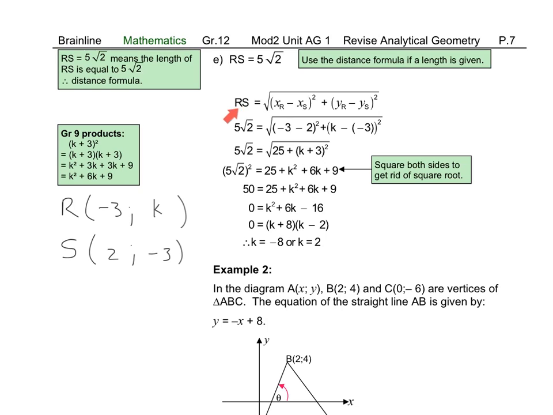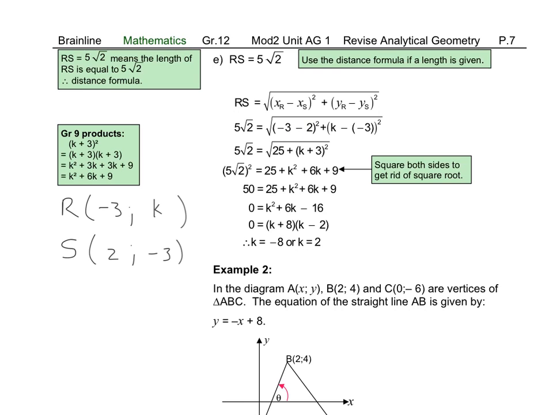So for the distance formula, we draw up a square root and find the difference in x values, minus 3 minus 2, and square it. And then we add the difference in the y values and also square it, k minus the minus 3, and the answer squared. Then RS is given to us as 5 times square root 2, so we can set our root equal to the length of RS.